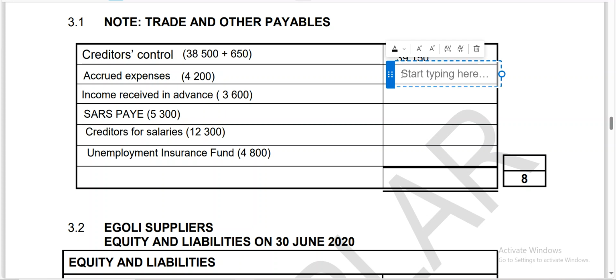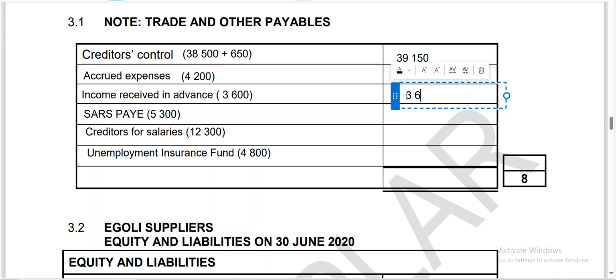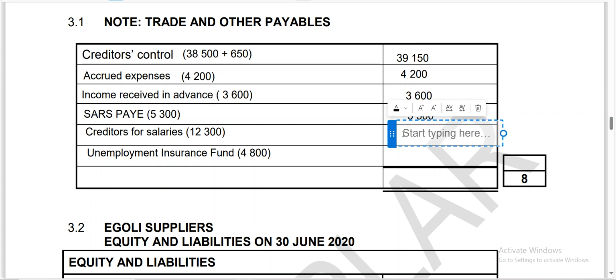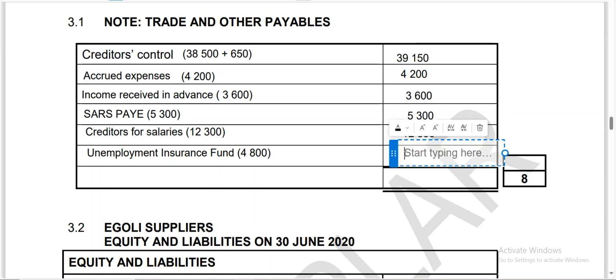Here the answer will remain 4,200. Here the answer will remain 3,600. Here the answer will remain 5,300, and then here the answer will remain 12,300, and then finally here the answer will remain 4,800. Then from there, all I have to do is to totalize these items.